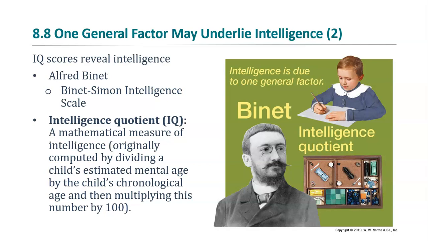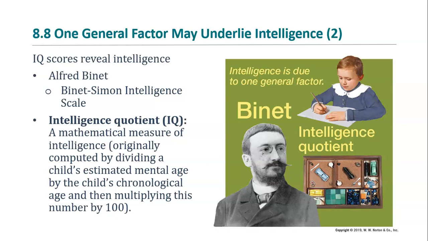So they hired Alfred Binet to develop a test of knowledge that children at various ages would, on average, seem to know. Now, Binet was quite clear that his test was not a measure of some innate ability, even though it's certainly come to be used in that way.